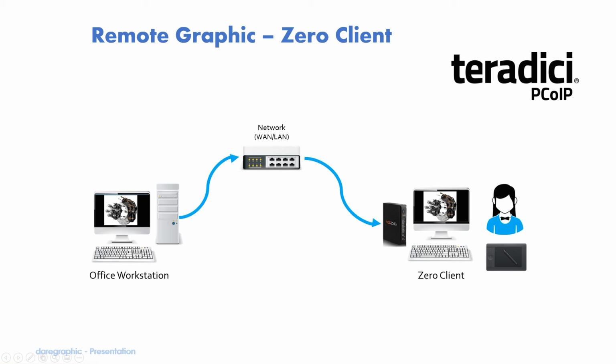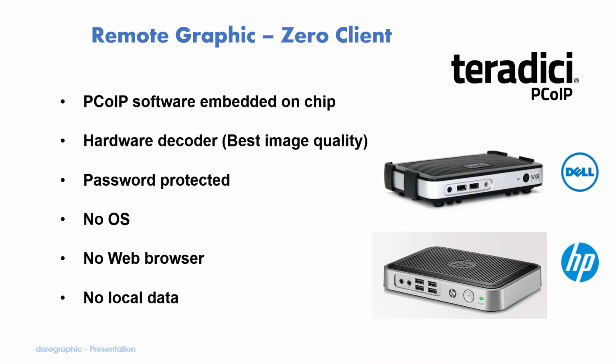There is a very good reason to use a zero client, and the main reason is security. Because what is a zero client? Well, let me show you. A zero client is basically a small device that has the PC over IP software in a chip.